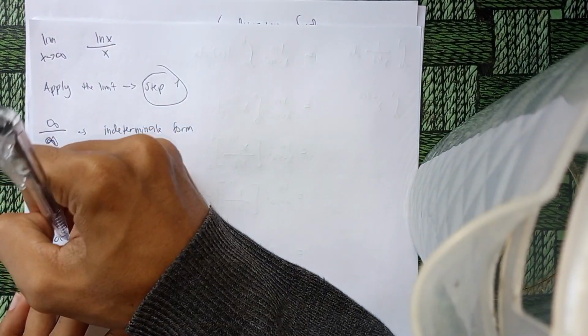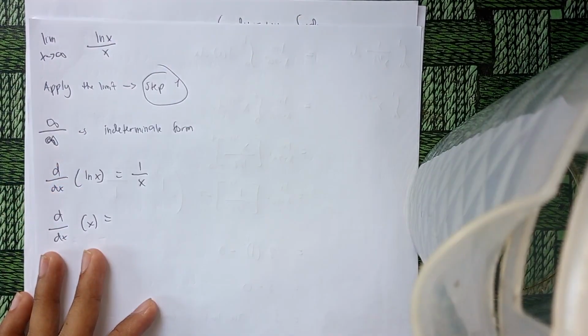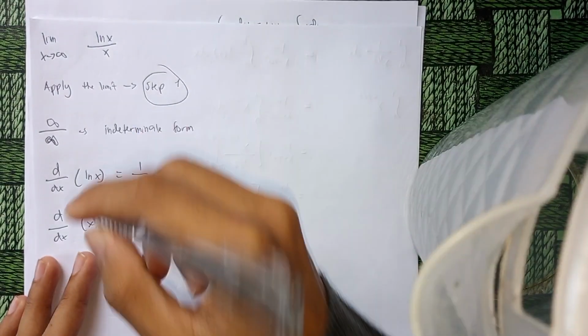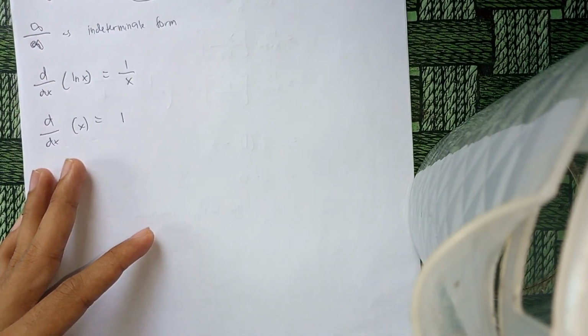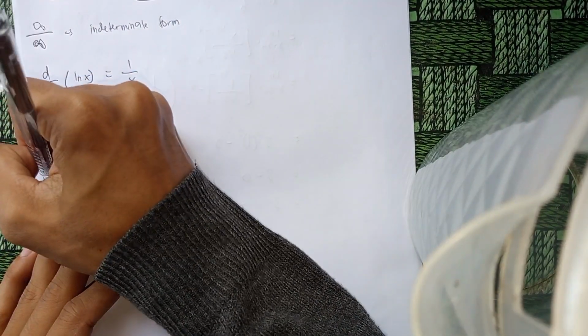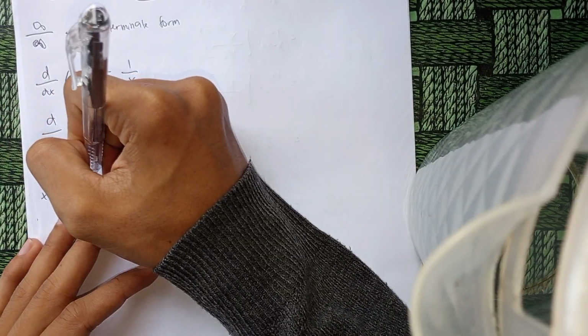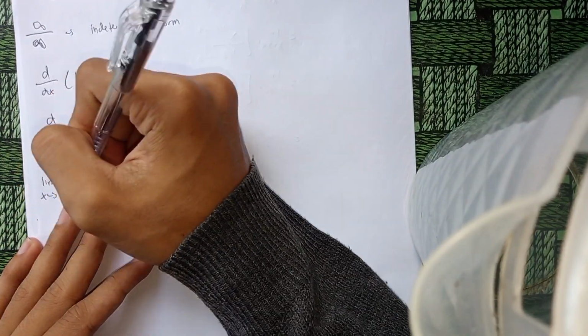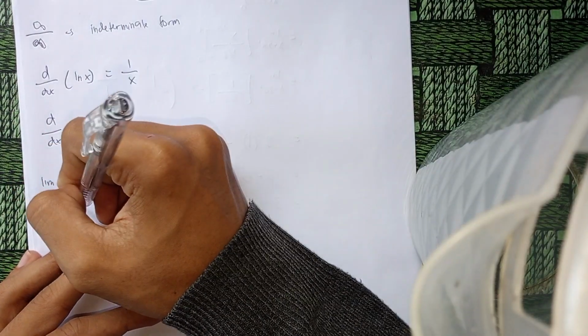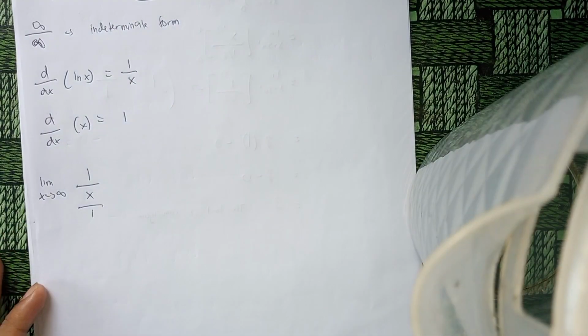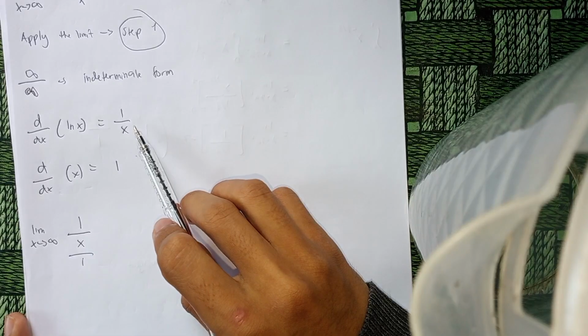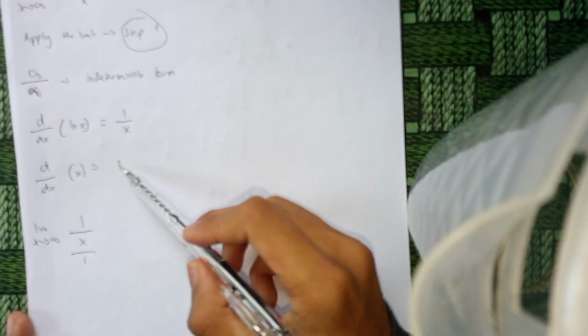Then the derivative of x is 1. So we now have the new limit, which is the limit as x approaches infinity of 1 over x over 1, since this is our numerator, then this is our denominator.